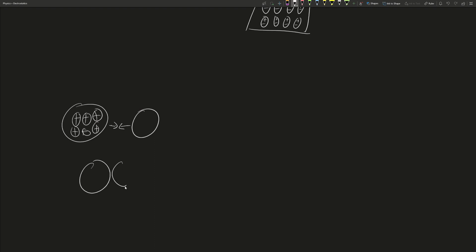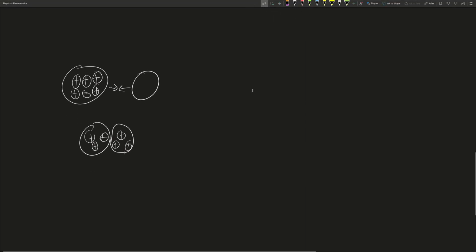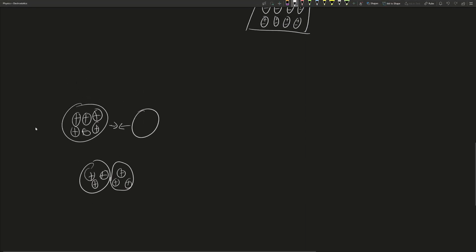When they do come in contact, the charge will transfer through this point of contact to where there's an even distribution of charges in both of these conductive spheres. This is charging by conduction.